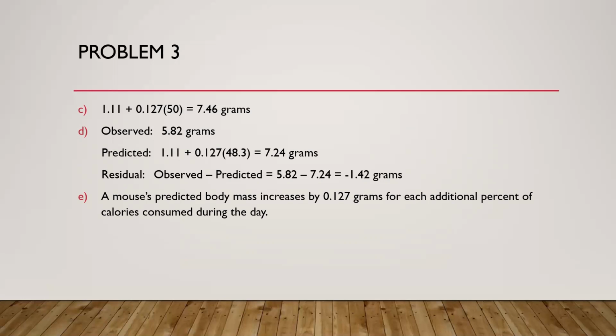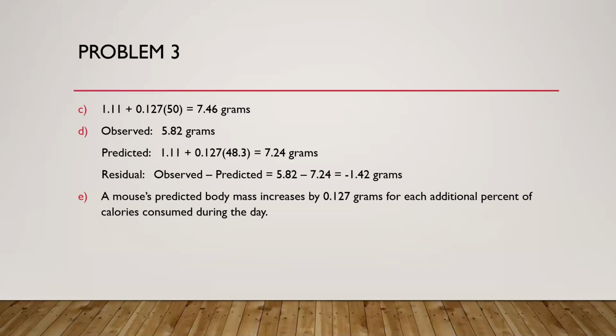In general, that's how we do it. We make reference to the value of the slope, and that's how much the y value increases by for each additional unit of the x value. So in this case, the x value was the additional percent of calories consumed during the day.